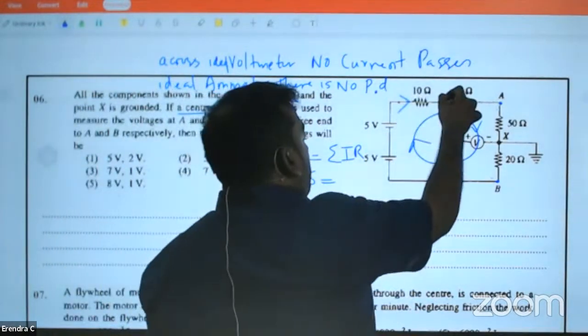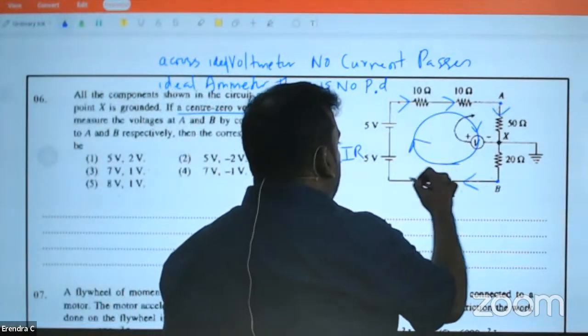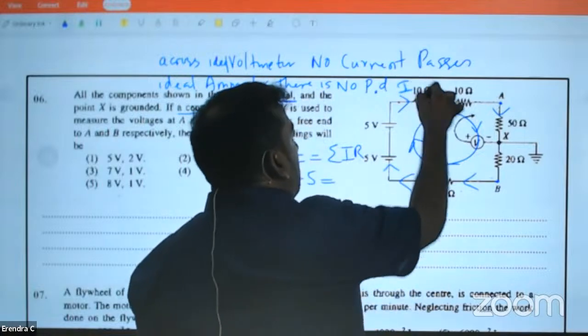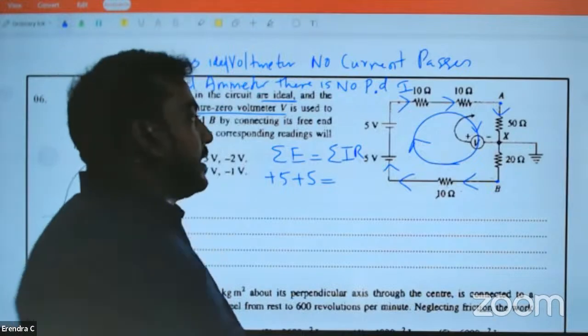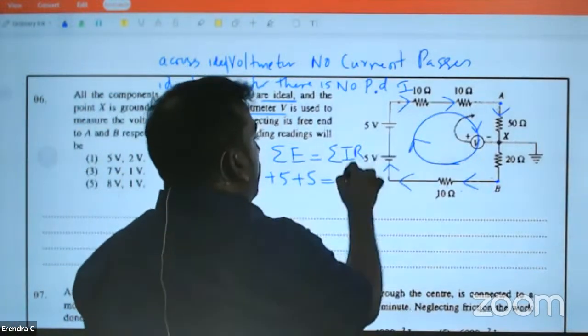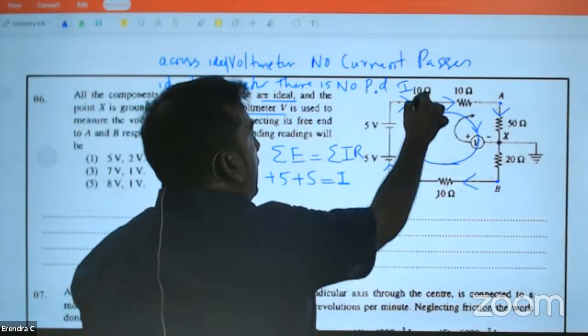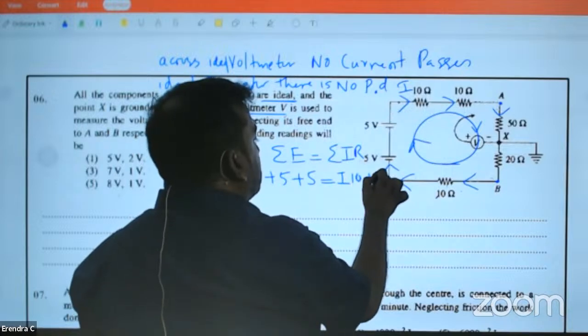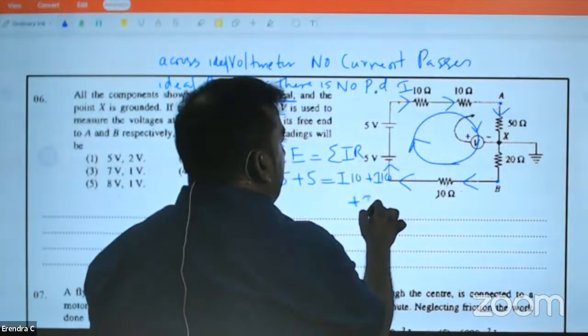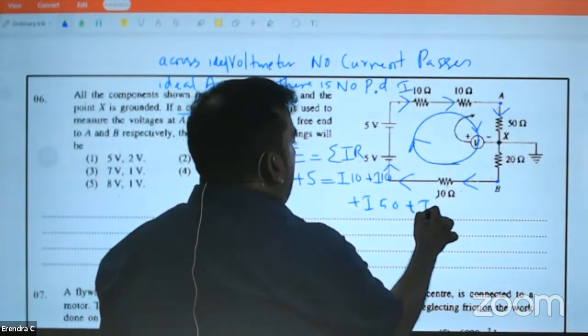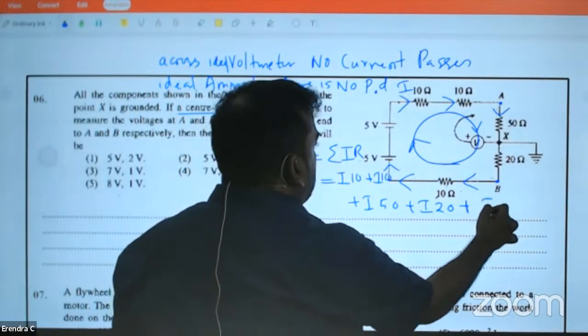Current is traveling in that direction. Loop direction and current direction are the same, so potential differences are positive: I times 10 plus I times 50 plus I times 20 plus I times 10.